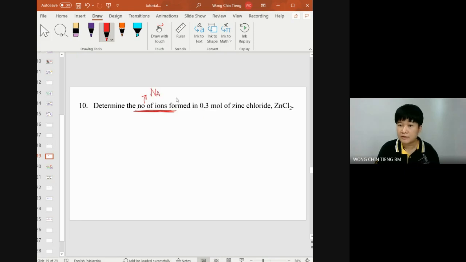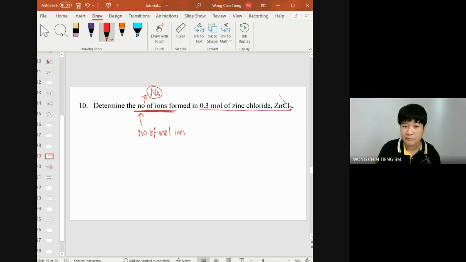Avogadro constant. Right? Sebab soalan minta number of ion. Question asking for number of ion formed in 0.3 mole of zinc chloride. Before I get the number of ion, I need to find the number of mole of the ion.